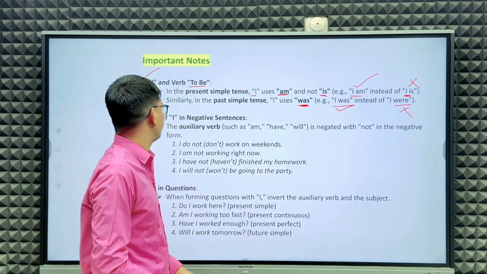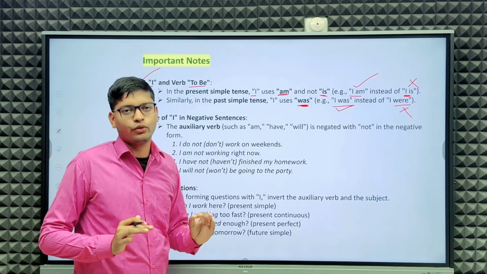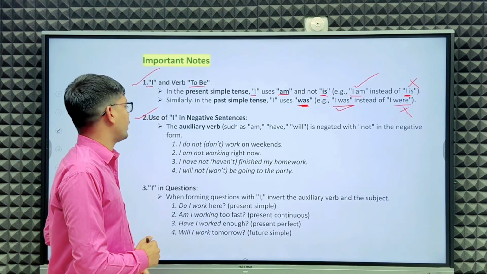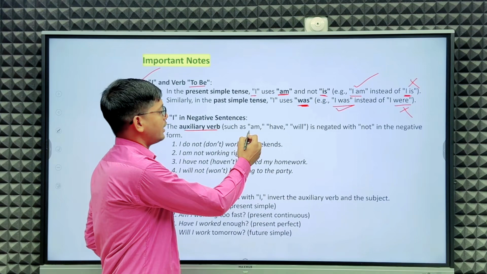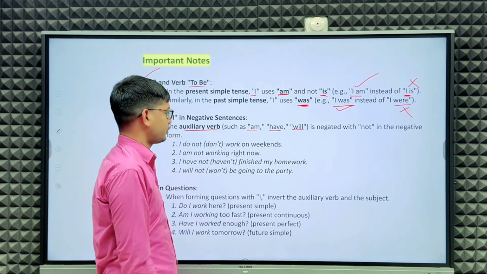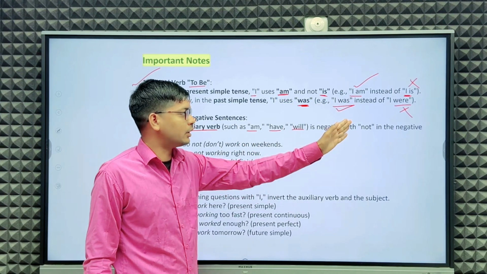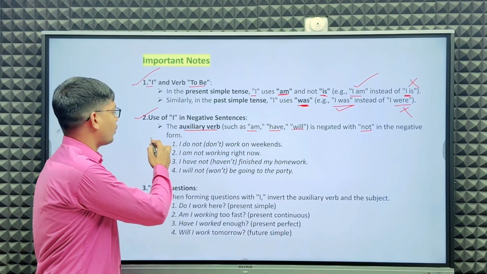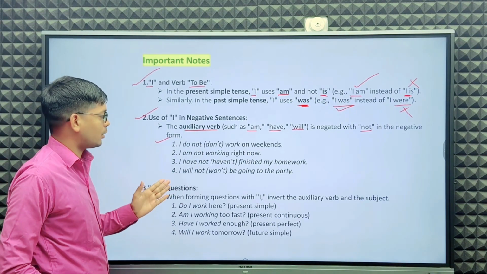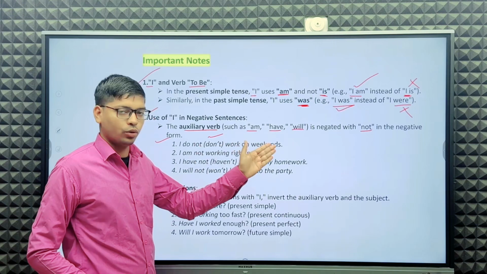Next, use of I in negative sentences. Auxiliary verbs such as am, have, will are used with not in the negative form. For example, I do not, or you can say don't, work on weekends.